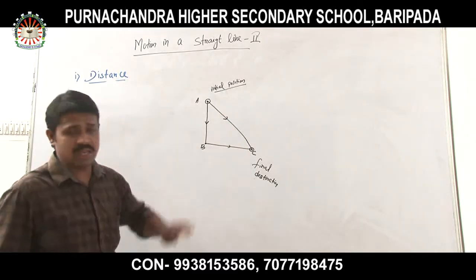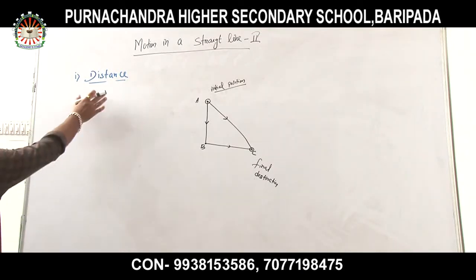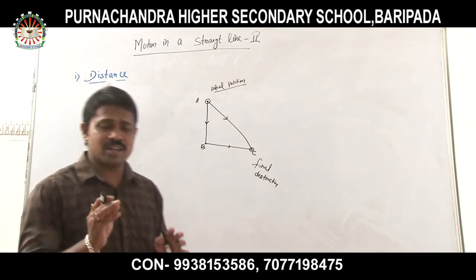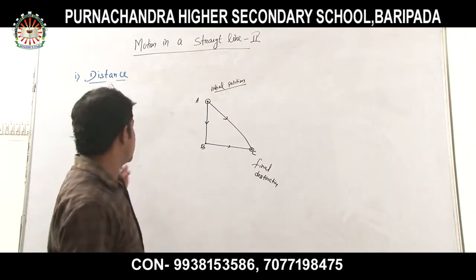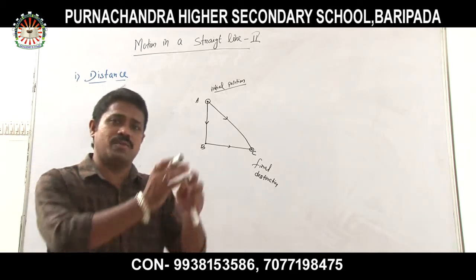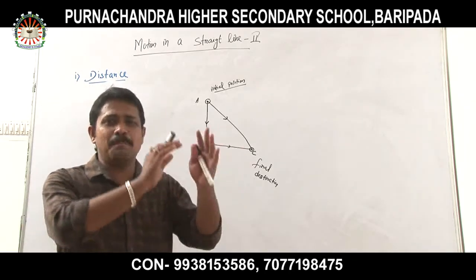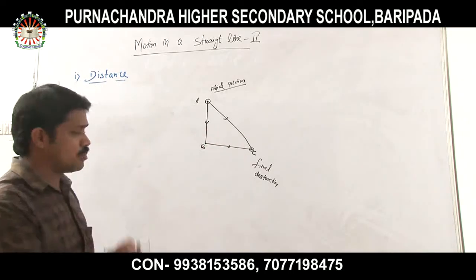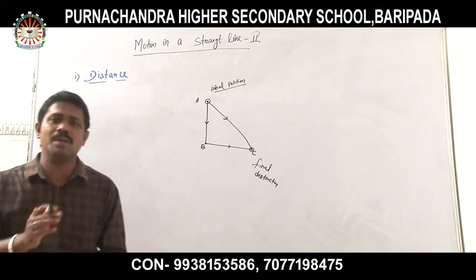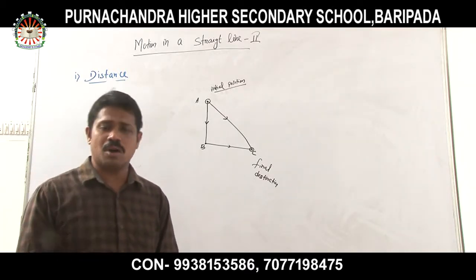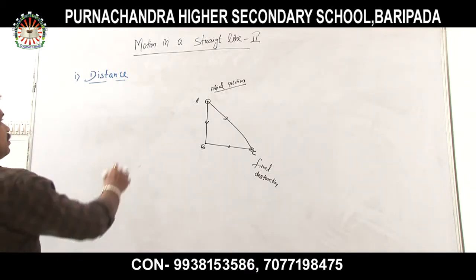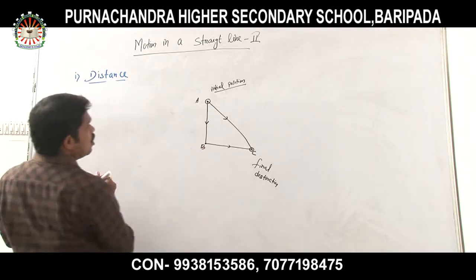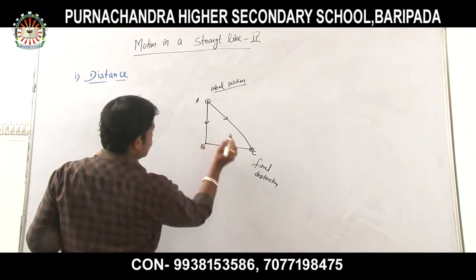Then, what does it mean? It means distance is nothing but the actual path coverage by that object or by that body. From A to C, what is the actual path coverage?